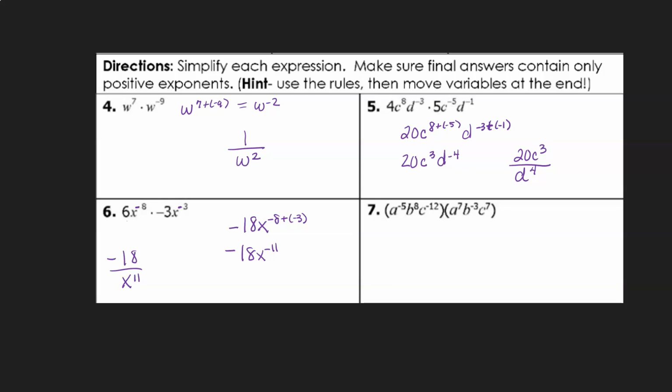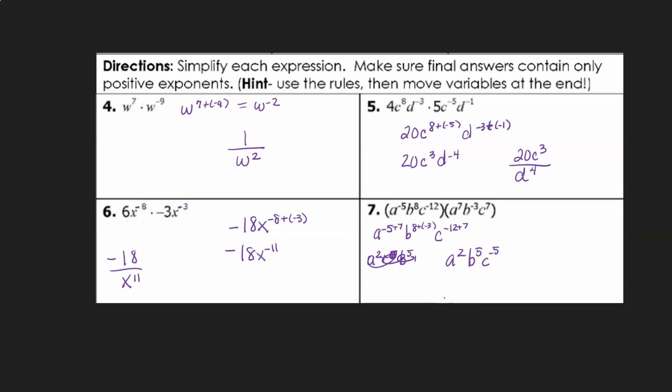Okay, so number 7. I have a to the negative 5th power plus 7, b to the 8 plus negative 3, c to the negative 12 plus 7, which gives me a squared, b to the 5th, c to the negative 5th.